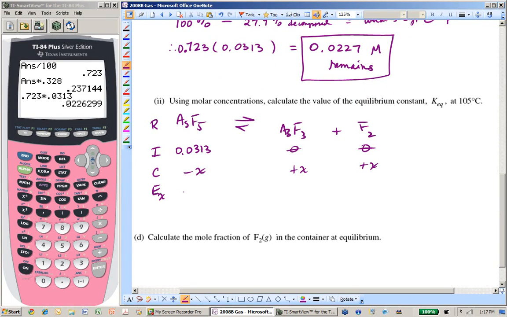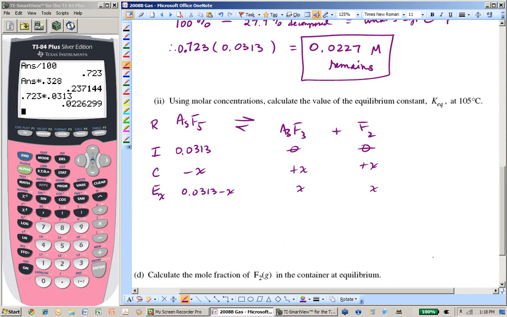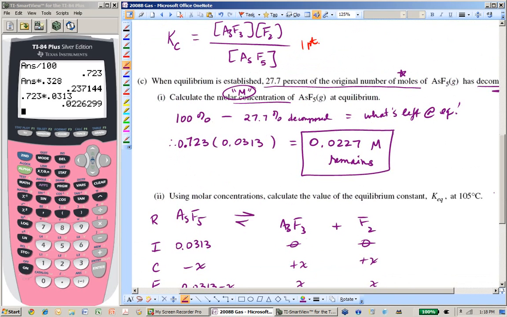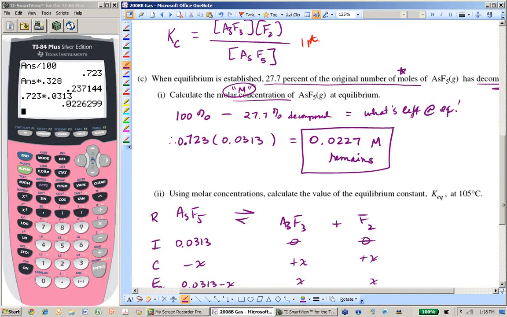So E in terms of x is 0.0313 minus x. 0 plus x is x, and 0 plus x is x. So E is what I'm in search of. X is what I'm in search of. So therefore, Keq is equal to the expression that we wrote earlier, which is the AsF3 times F2 over AsF5. I'm just going to plug those in.